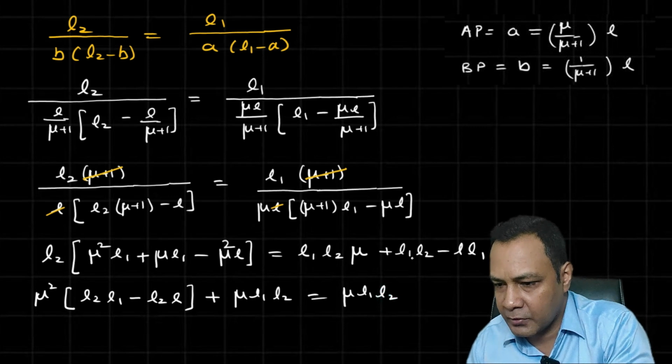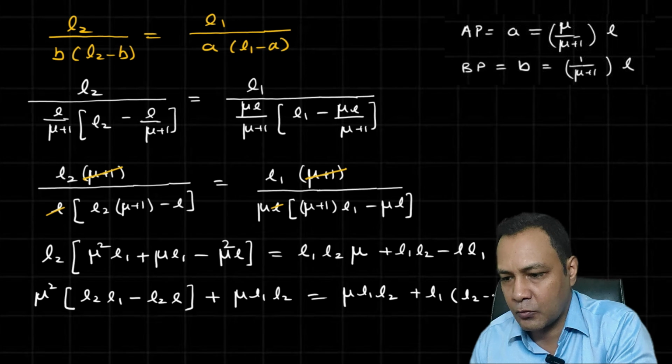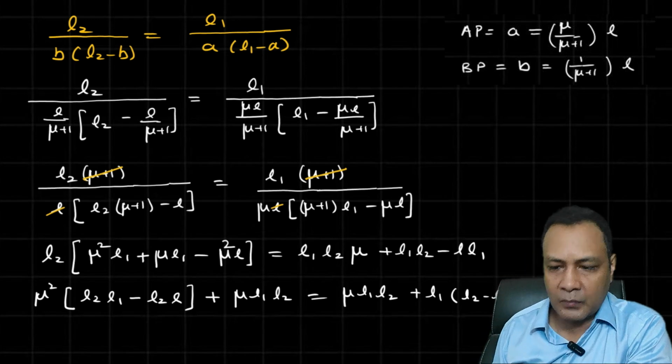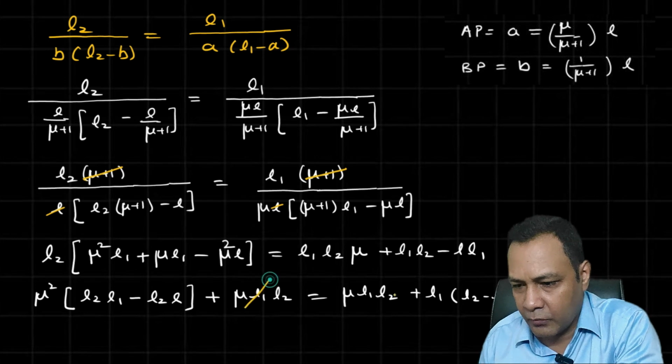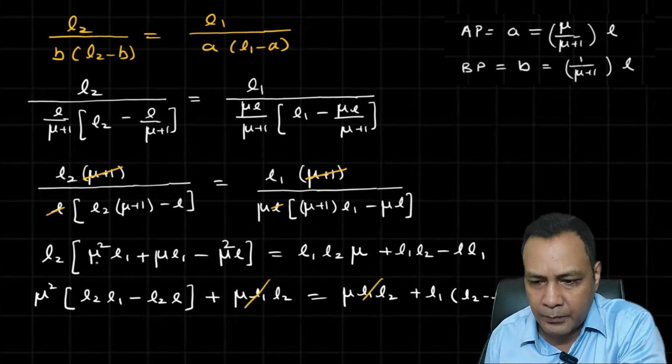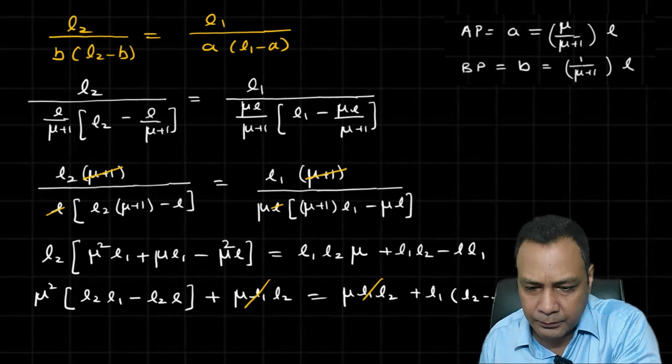From these two I can take L1 common, that is L2 minus L. Now from both sides, mu L1 L2 will get cancelled, and here I can take L2 common.